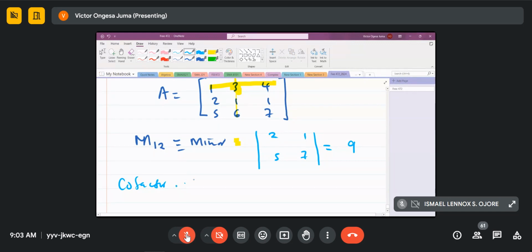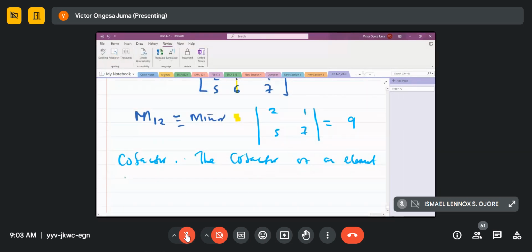And then we can say, just also defining that the cofactor of an element Aij is denoted Aij.